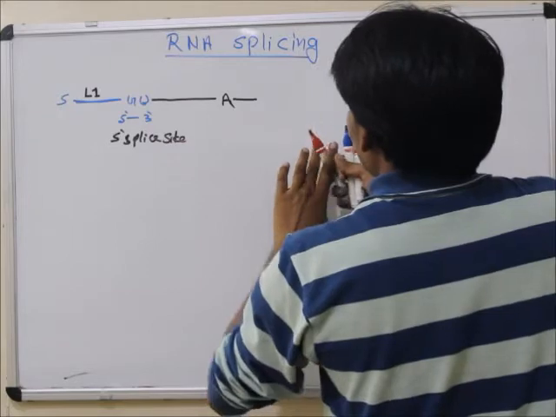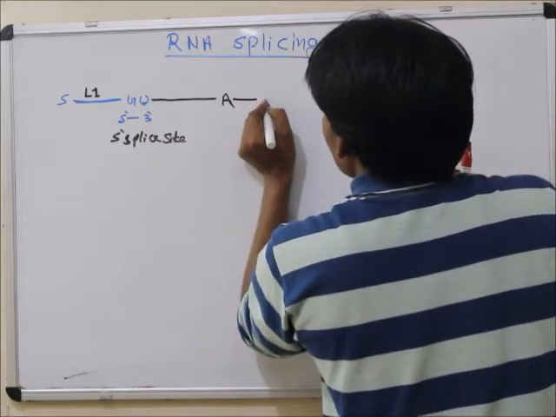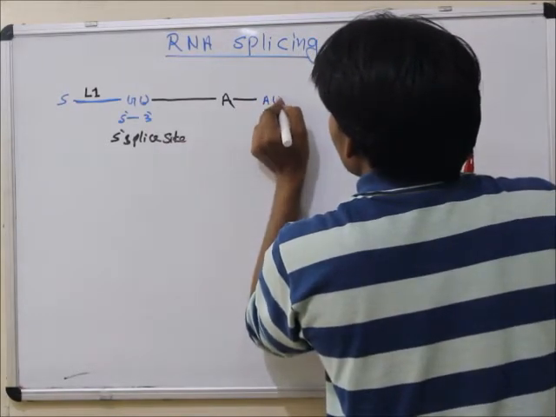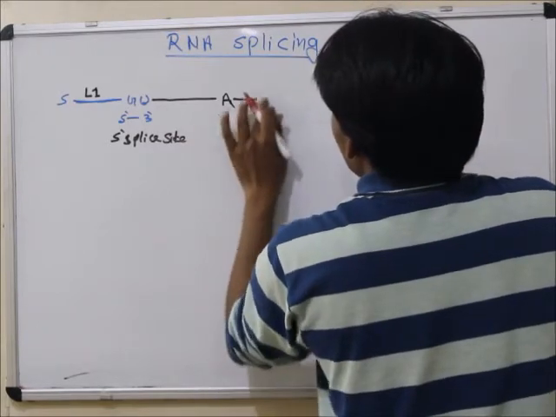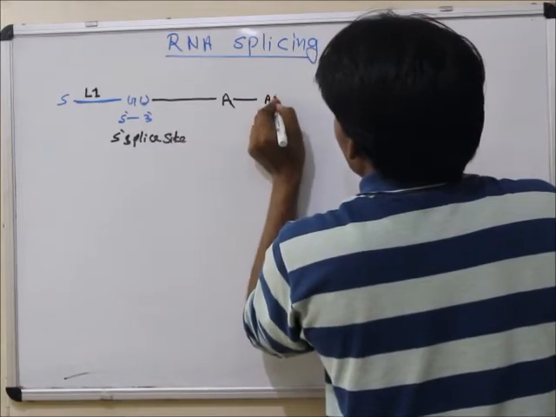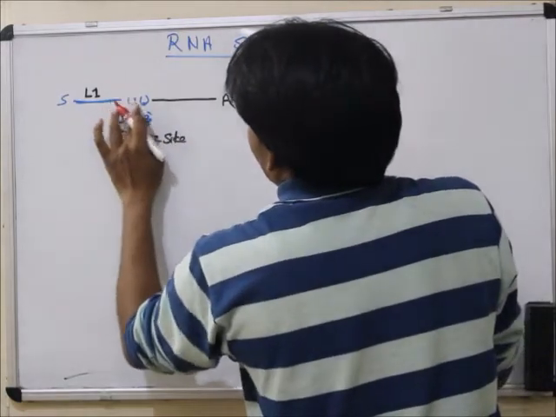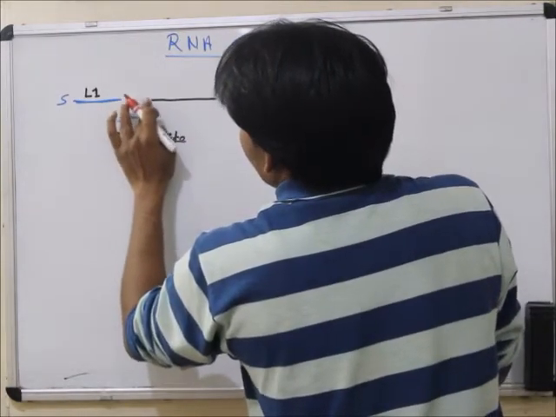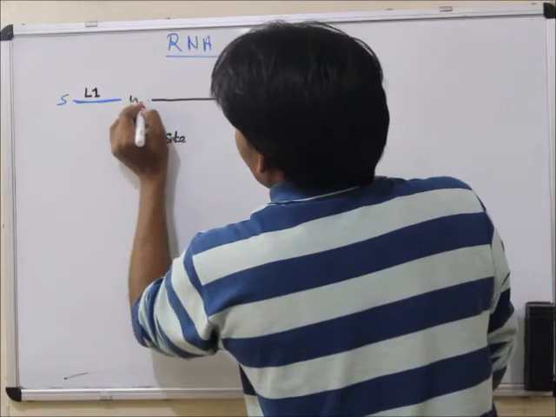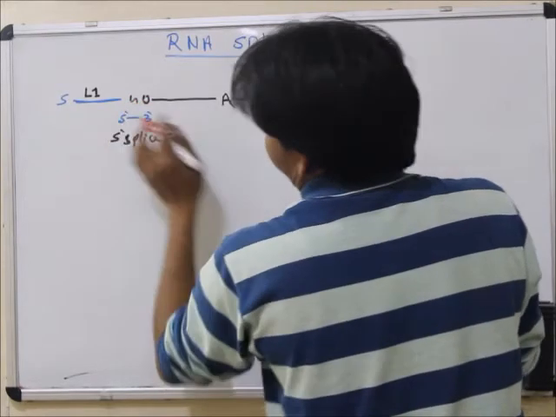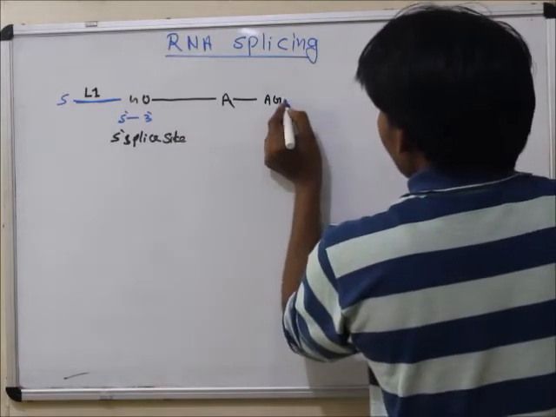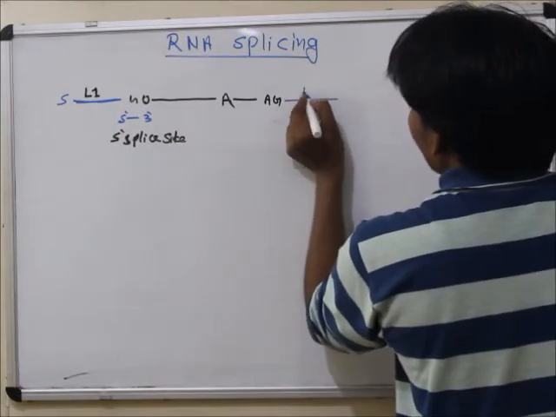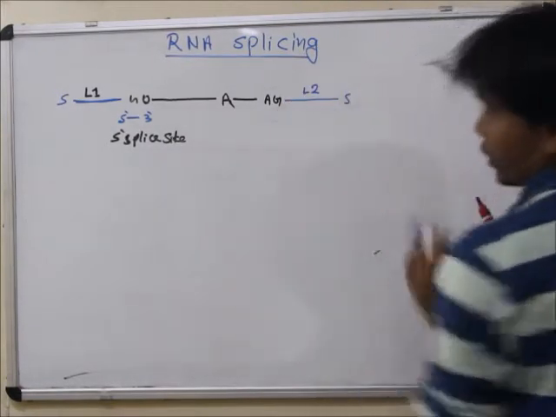Then again there is AG. I am showing this in black because this is also present in the intron, GU...AG. And here is exon 2.